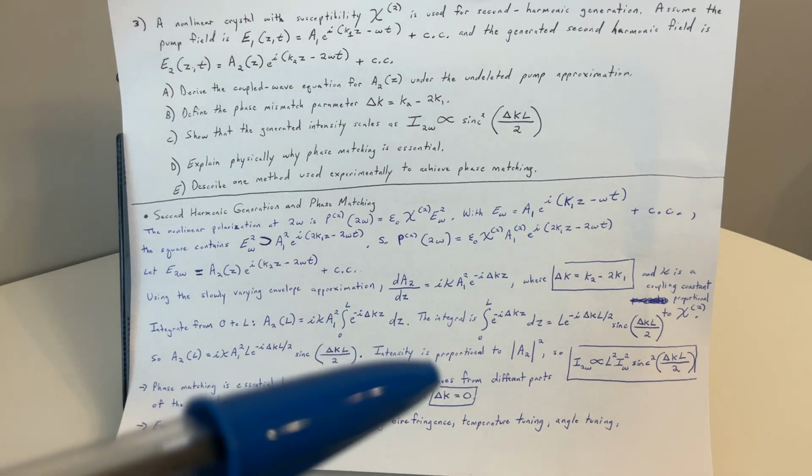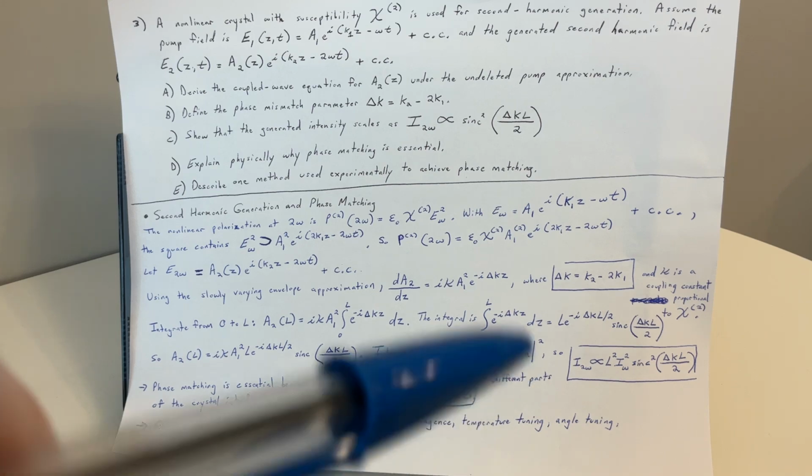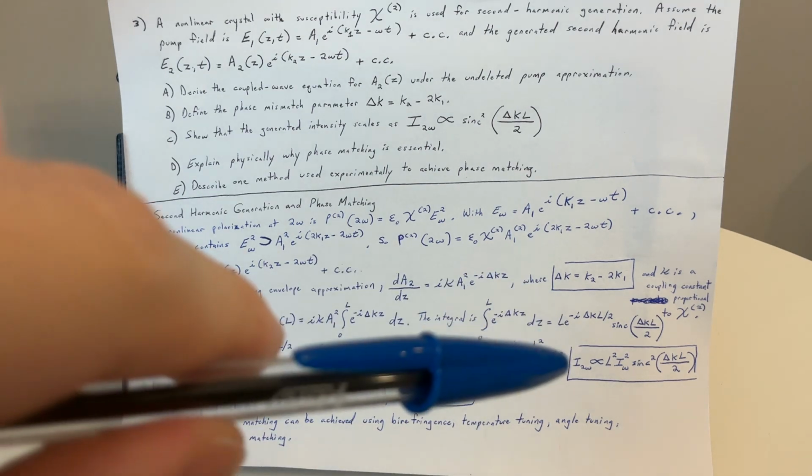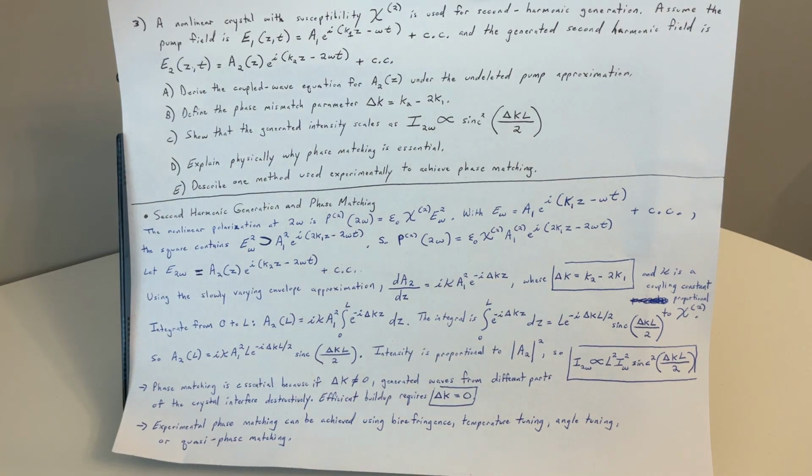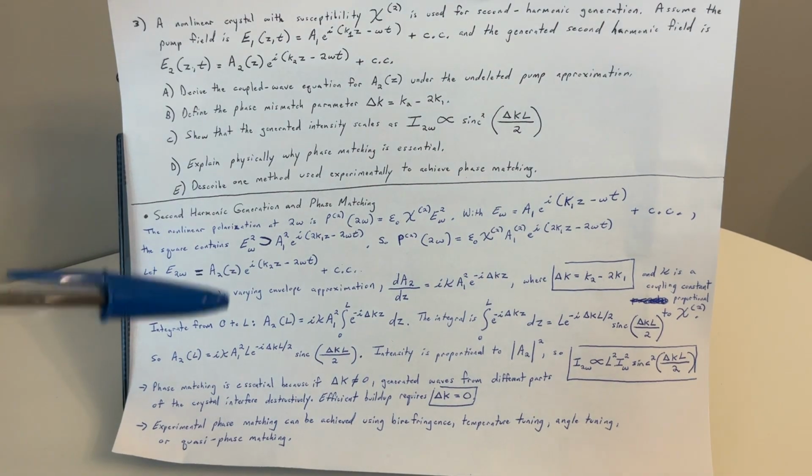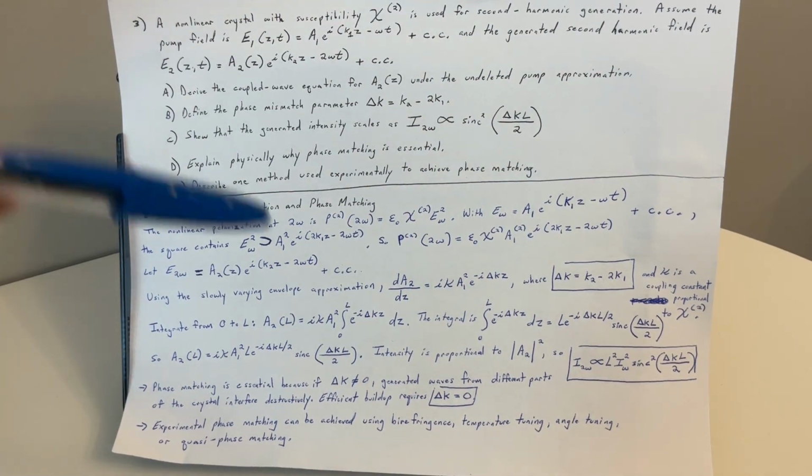All right. Intensity is proportional to the magnitude A_2 squared. So I_2ω is proportional to L² I_ω² sinc²(ΔkL/2). Phase matching is essential now.